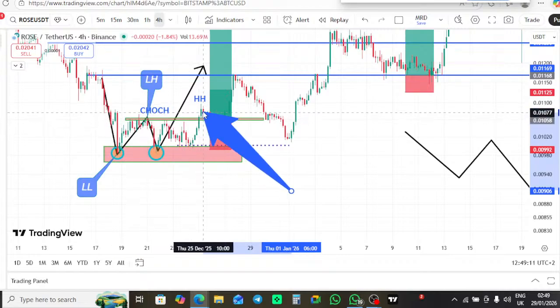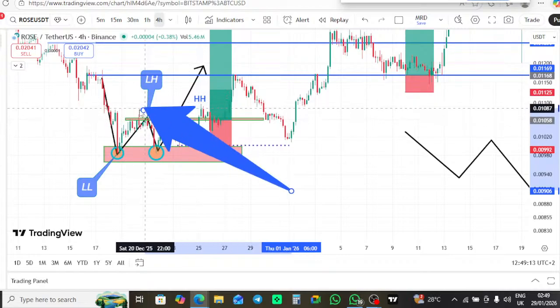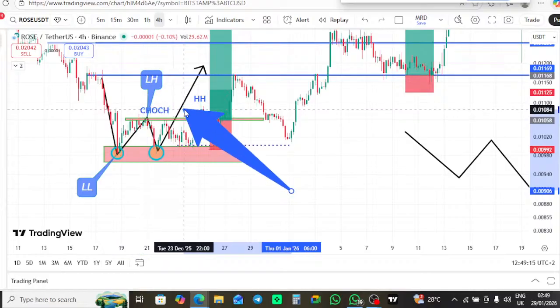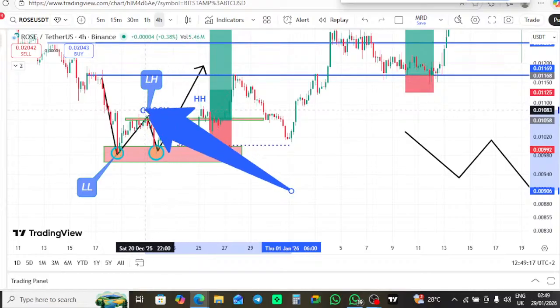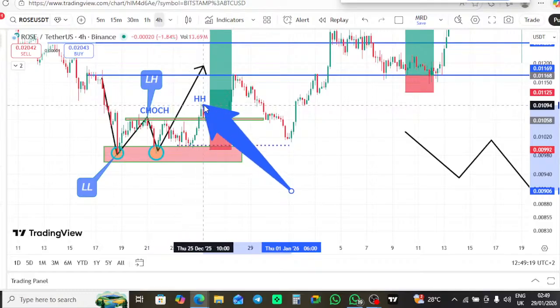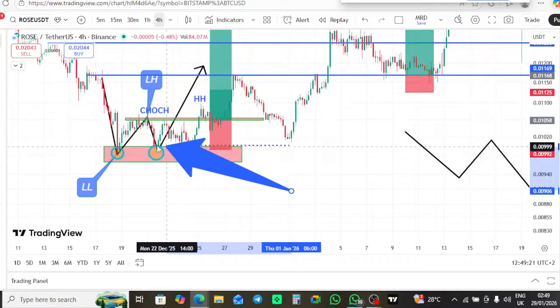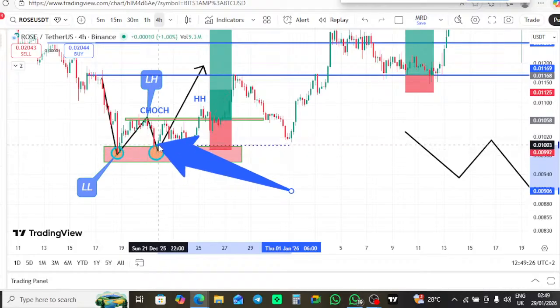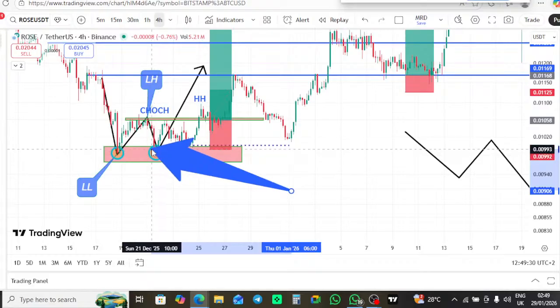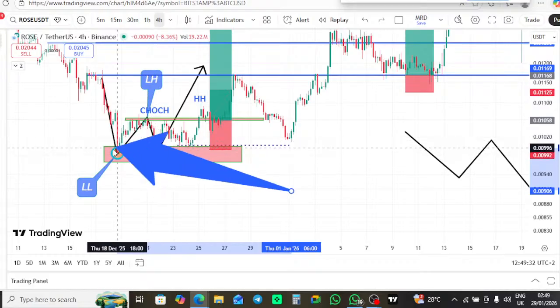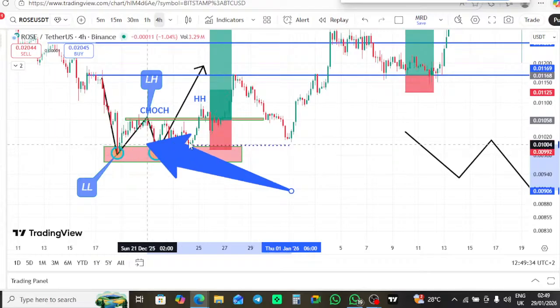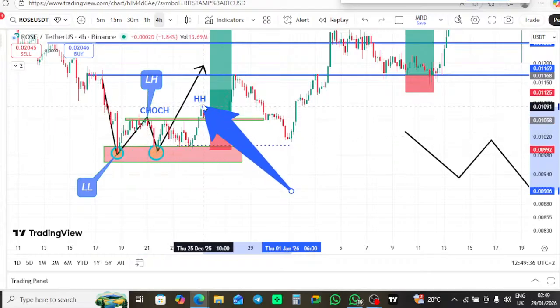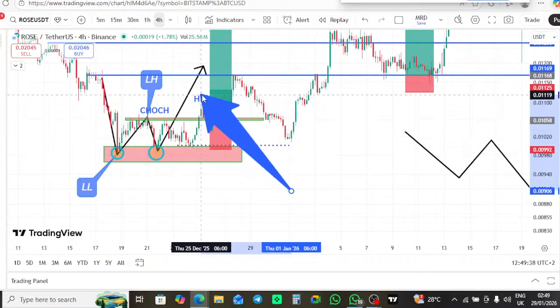After breaking, this was the breakout, and we formed the change of character. Whenever we form a change of character, we don't expect the market to come back and take off this one, the point which is a lower high, a higher low now, because this point failed to break this, and again we formed a new high.